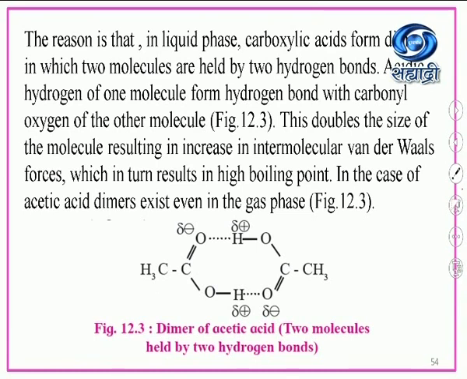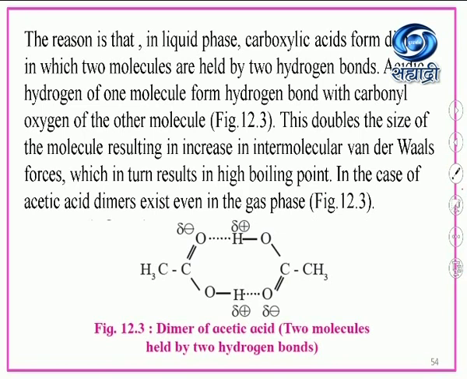The carbonyl oxygen and the hydrogen from the OH group are joined by the dotted line. Hydrogen carries a partial positive charge, delta plus, and carbonyl oxygen carries a partial negative charge. So there is formation of bonding, shown by the dotted line, that is hydrogen bonding.